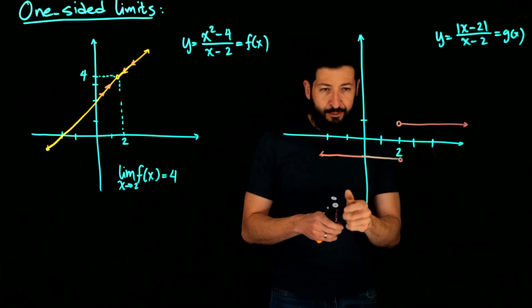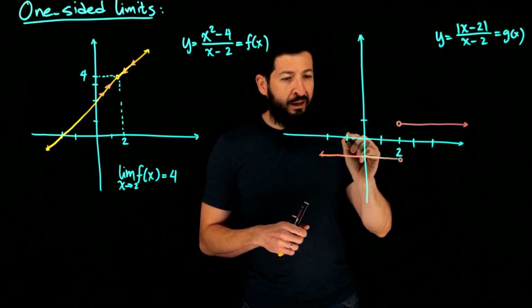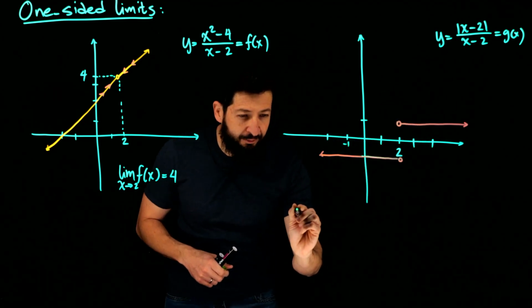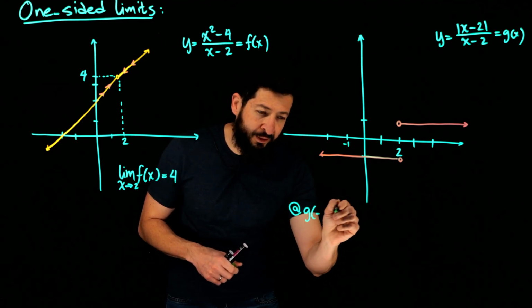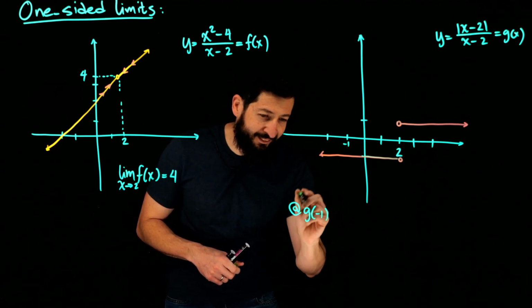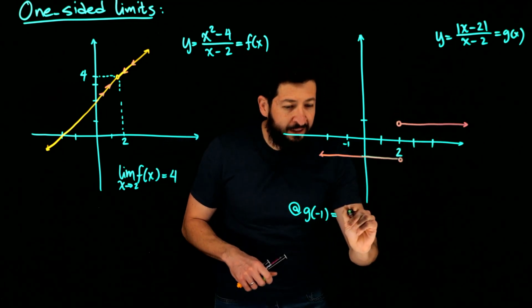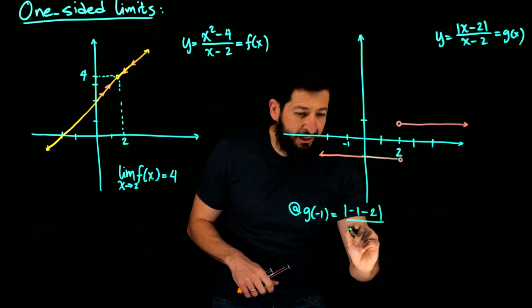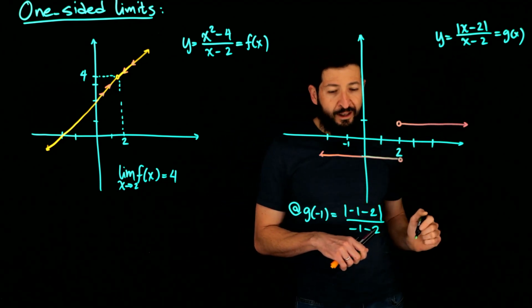So why is that? Well, let's take a value and see what happens. Let's say we grab -1, and we evaluate this function there. At x equals -1, g of -1 equals this. When you plug it in, you get the absolute value of -1 minus 2 divided by -1 minus 2, just plugging -1 in place of x.